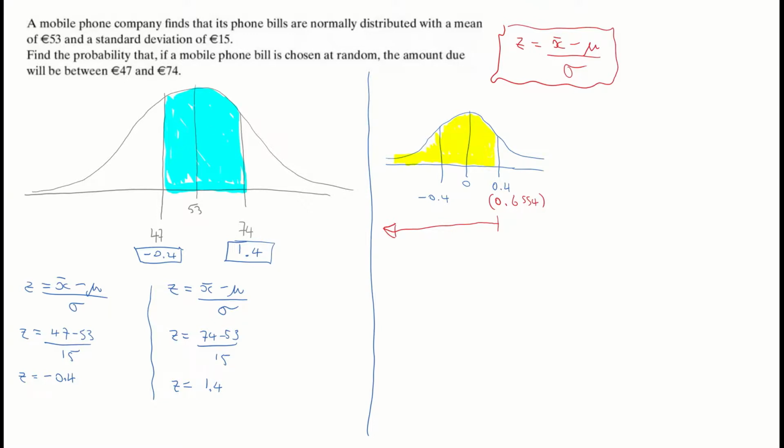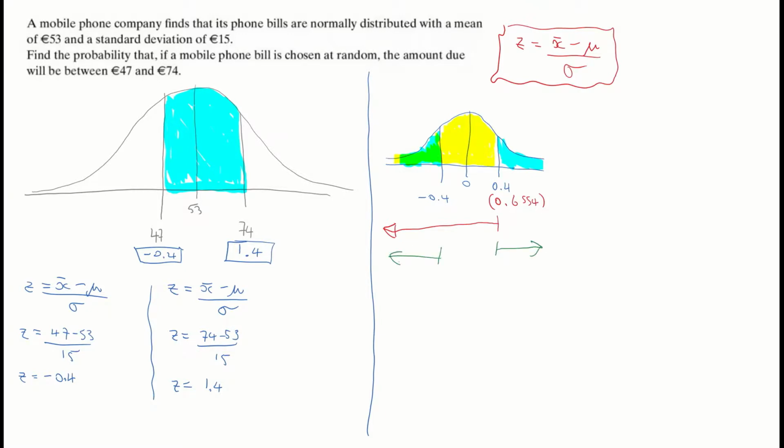But that's not what I want. I want this region in blue. And I know, because this graph is symmetrical, that that region in blue is the same as this region in blue. So in order to find that region in blue, all I have to do is find that area there, because it's going to be the same as this one.